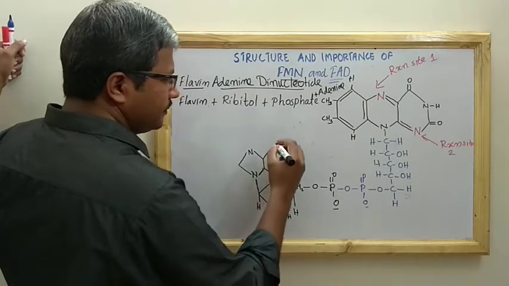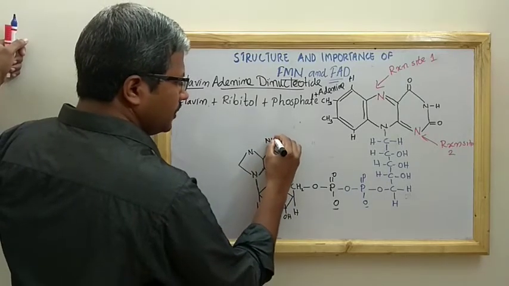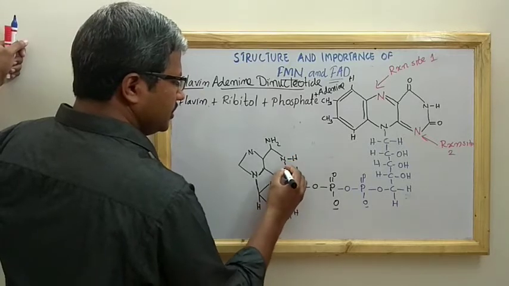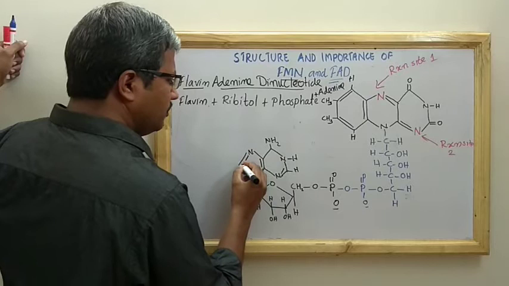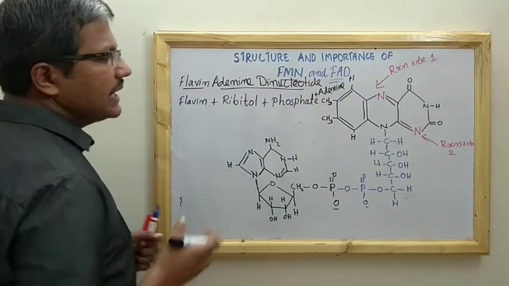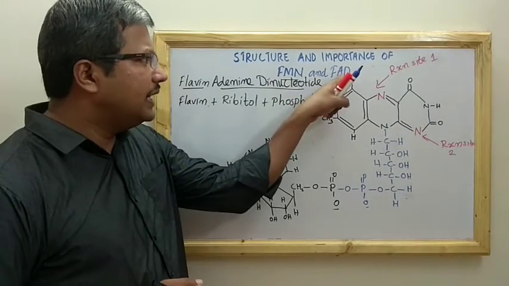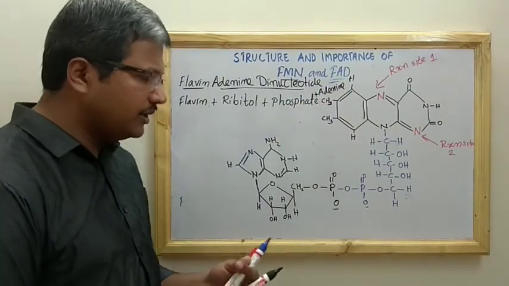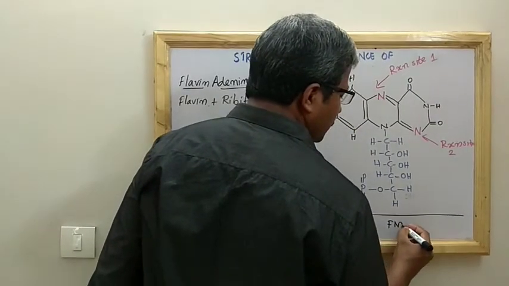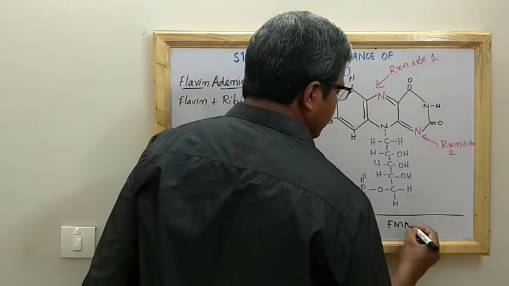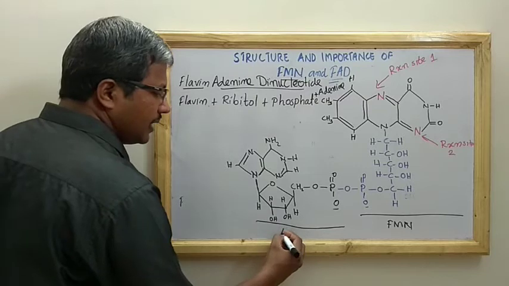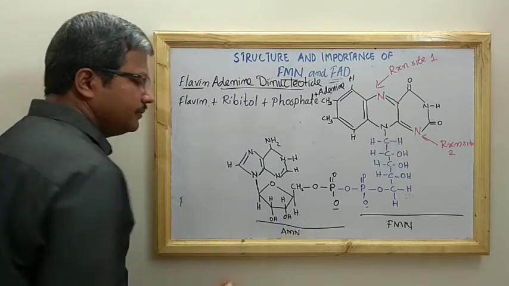Adenine is there. Now adenine amino group is there on the top. Hydrogen is there. Double bond here, double bond here, double bond here. So this is actually the flavin adenine dinucleotide, where this particular part represents the flavin mononucleotide, and this particular part represents the adenine mononucleotide.